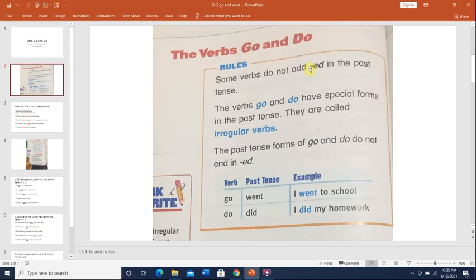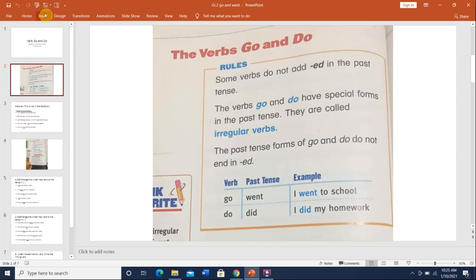Today we have two verbs that we cannot add ed to. That's why they are irregular verbs. We change the words when they are used in the past tense.